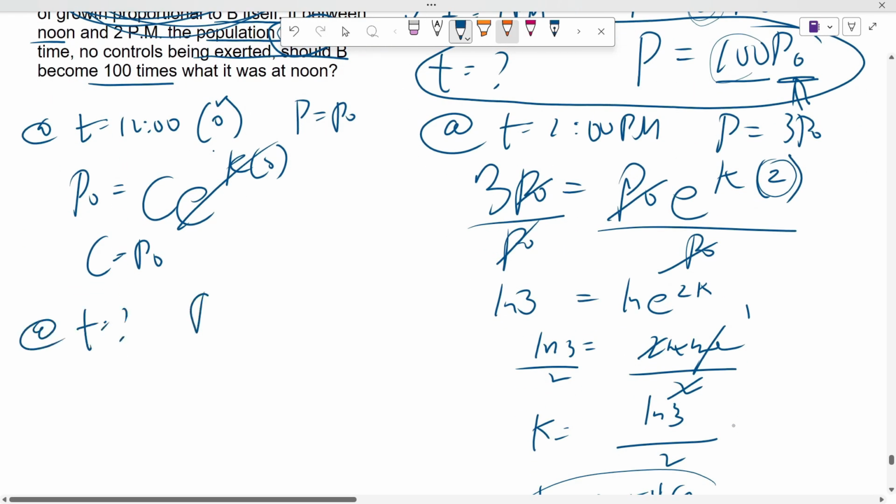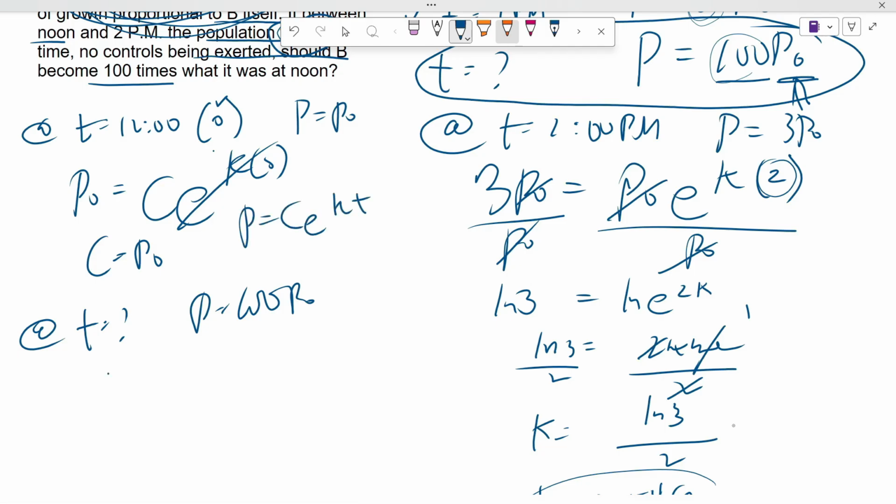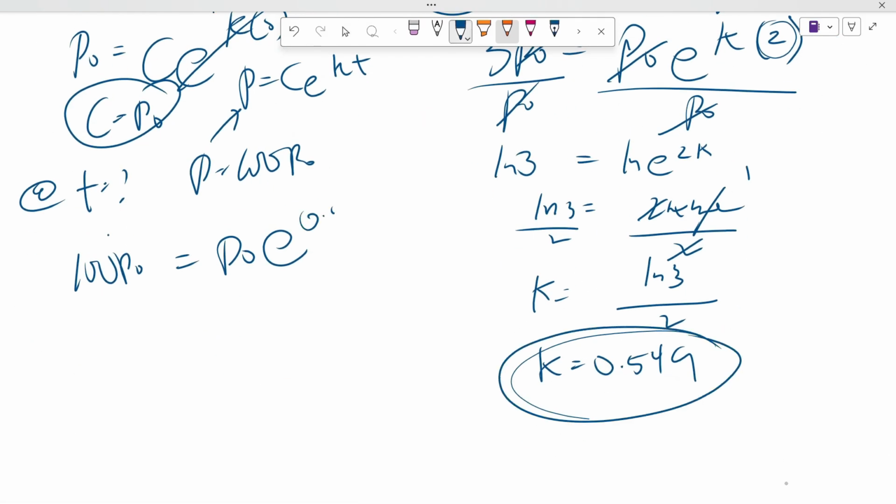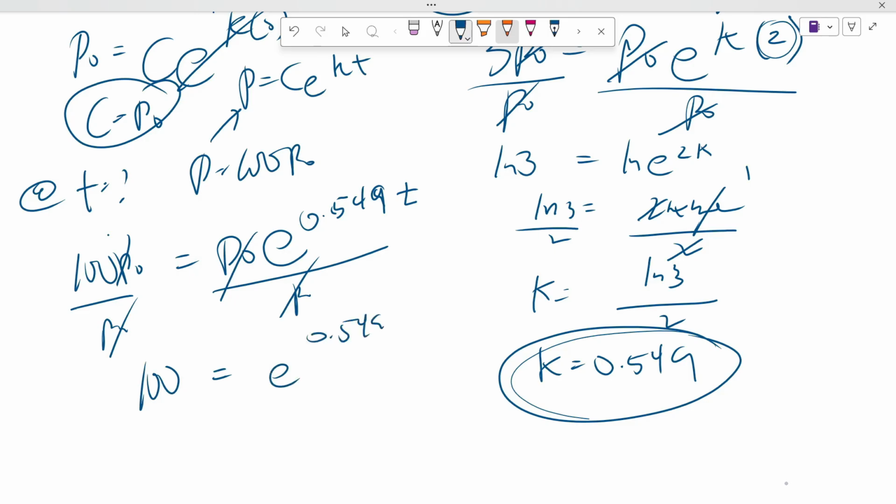Here's the formula; I'll write it again so you won't get confused. Substitute: P is 100 P_O, C is P_O, e raised to k, where k is 0.549, and t is unknown. Divide both sides by P_O, cancel, cancel. 100 equals e raised to 0.549t.